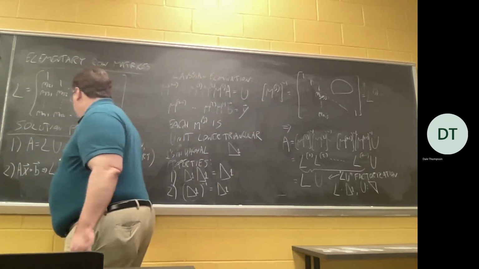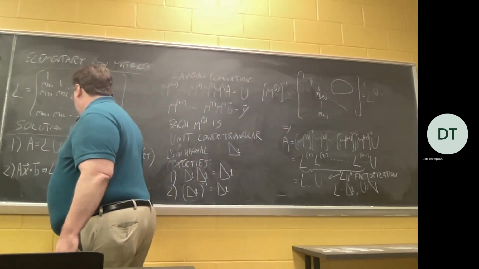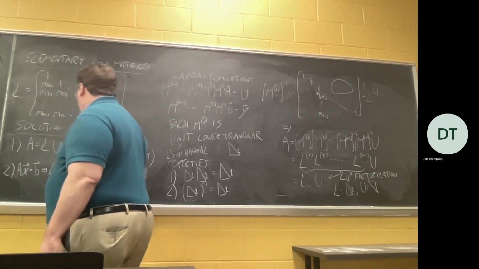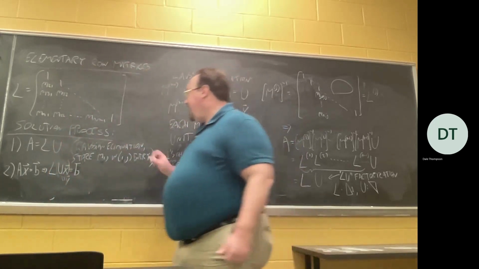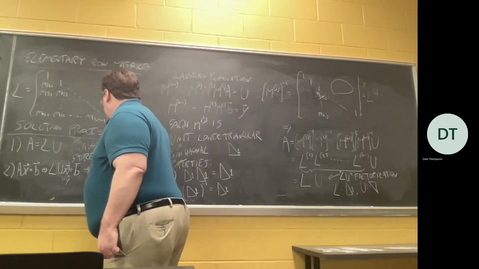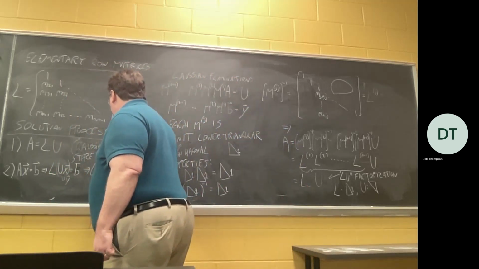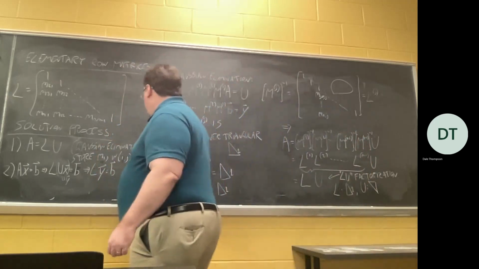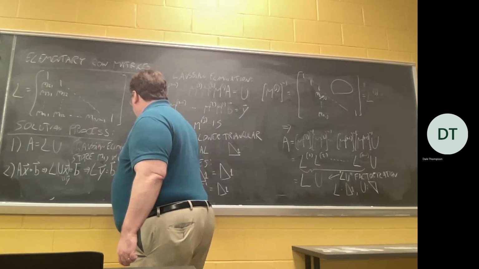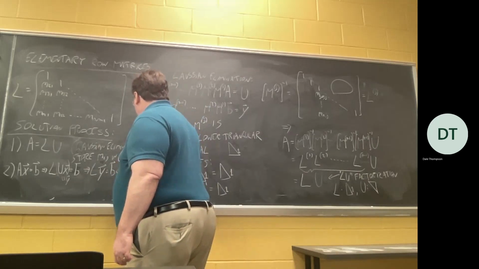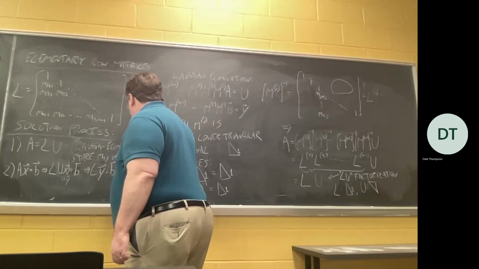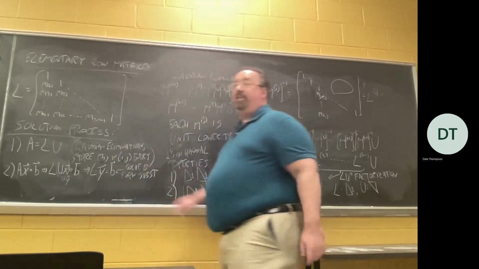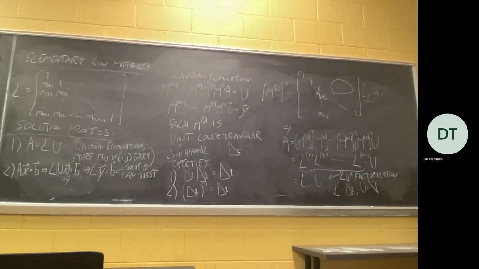So if I take this vector UX, which is currently unknown, and I call it Y, then we have a system of equations, LY equals B. And we can solve that by forward substitution.